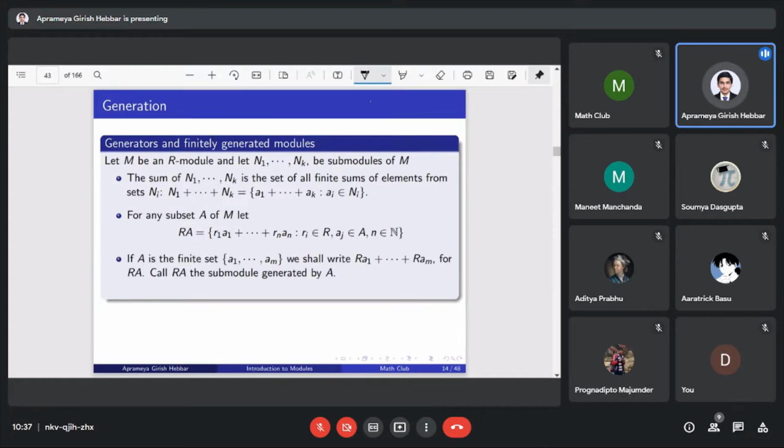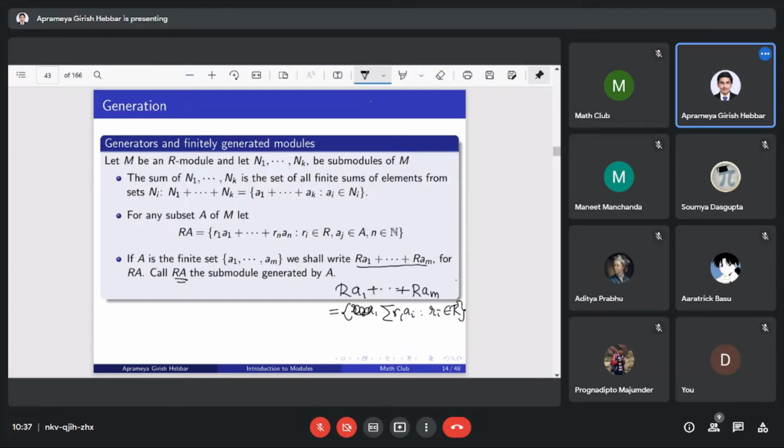If A is a finite set, then we denote RA by Ra1 plus Ra2 up to Ram. This seems very intuitive. This is just the summation of ri ai, with ri any element in R. With this RA, we call it the submodule generated by the set A.